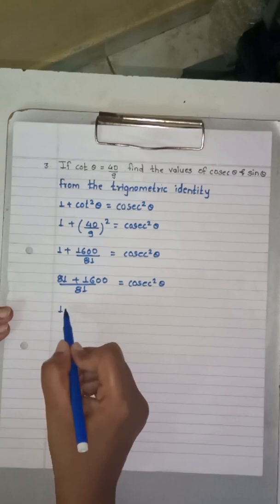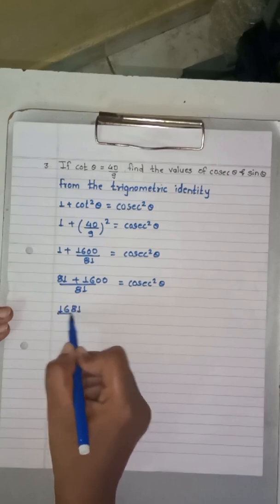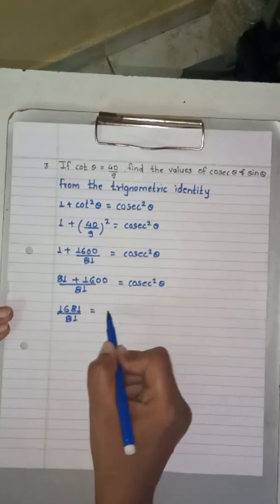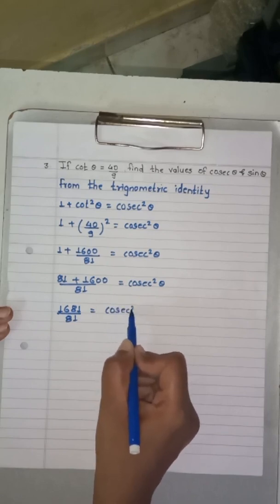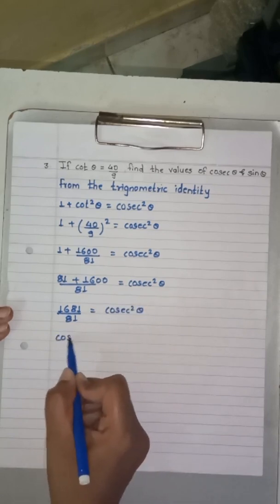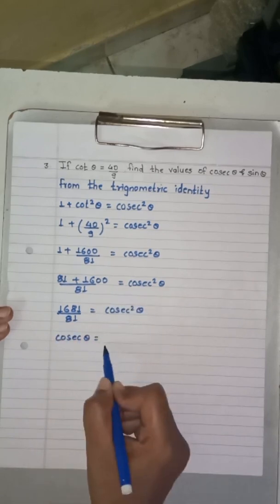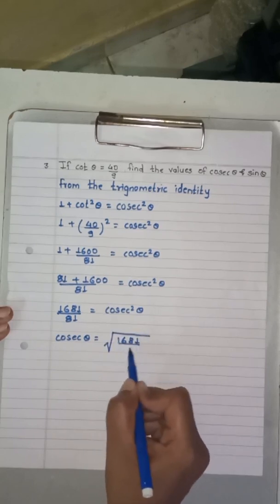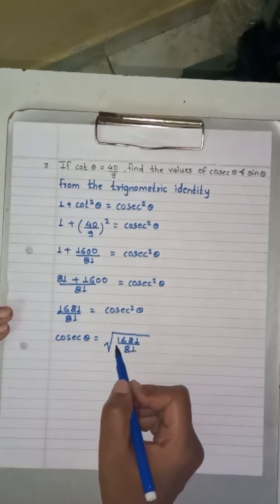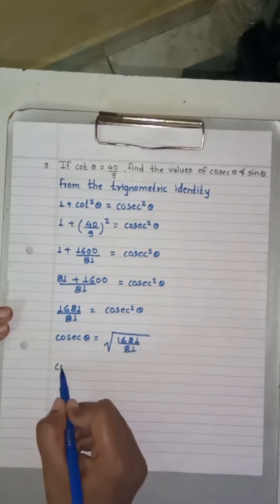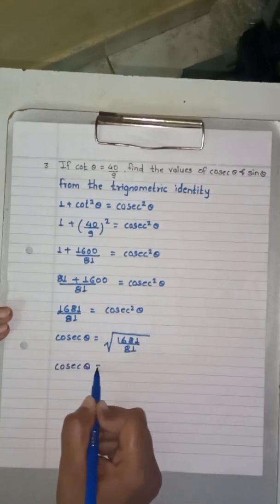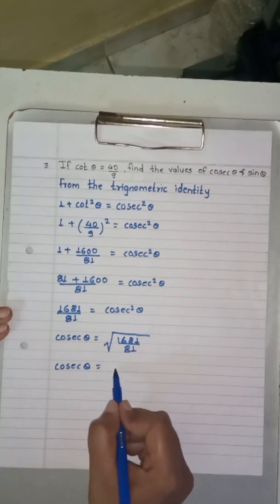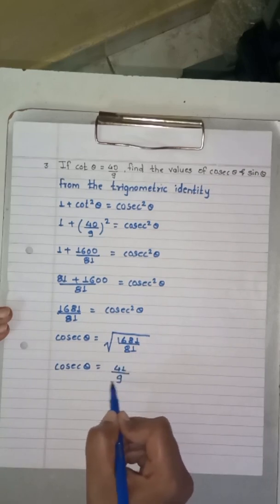This means 1681/81 is equal to cosec square theta. Therefore cosec theta is equal to under root of 1681/81, that is cosec theta is equal to 41/9.